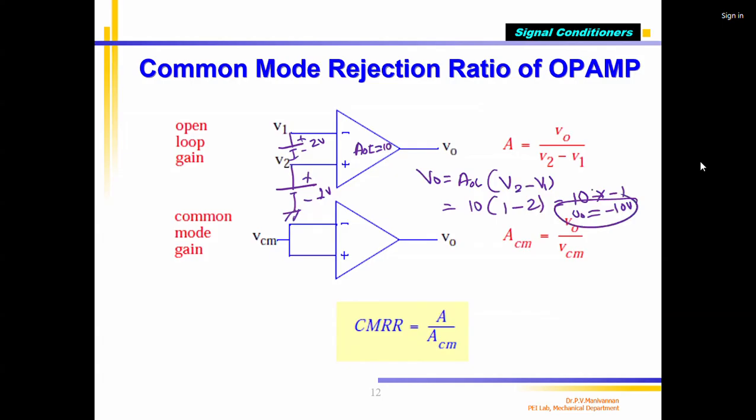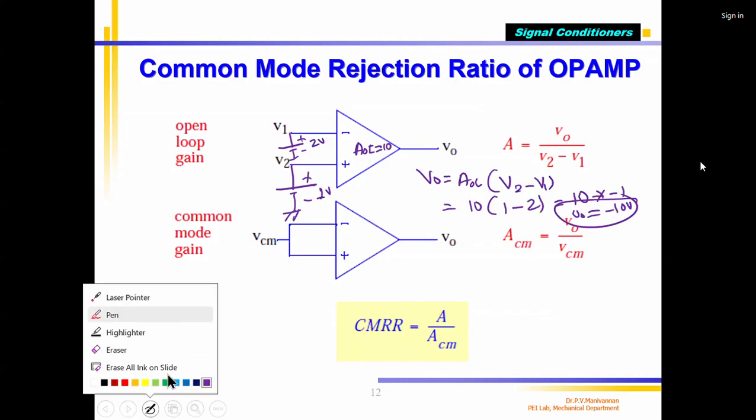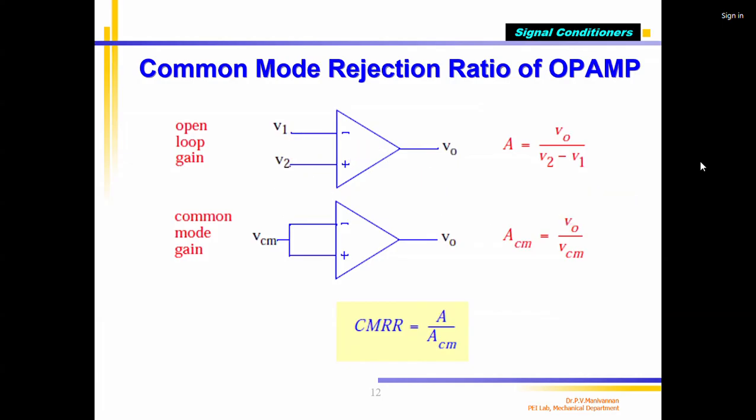That is why now you understand. Instead of that, I can give like this also. One more clarification: I am giving plus 1 volt here, and I am giving 0 volts. What is my output V0? V0 equals AOL, again AOL equals 10. So 10 multiplied by 1 minus 0 equals 10.